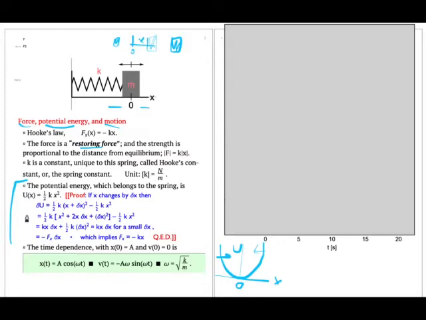Now I have to prove that it's quadratic, a function of x. So let's prove that 1/2 kx squared gives me this force. Remember, delta U, the change in potential energy, is minus F delta x when I make a displacement delta x.